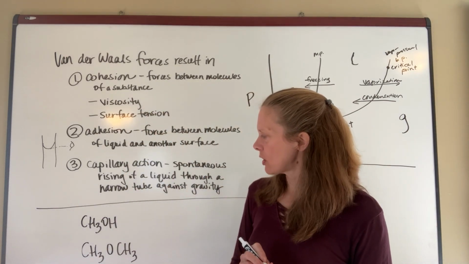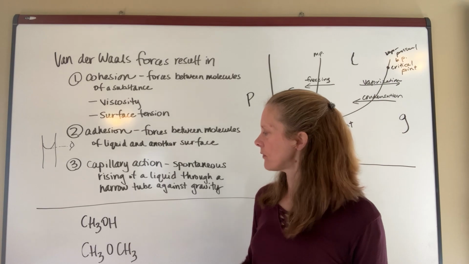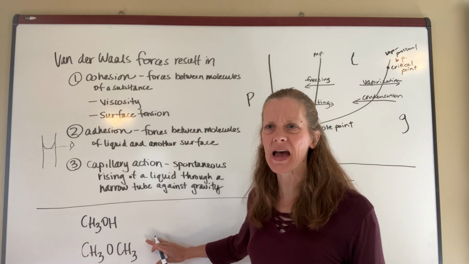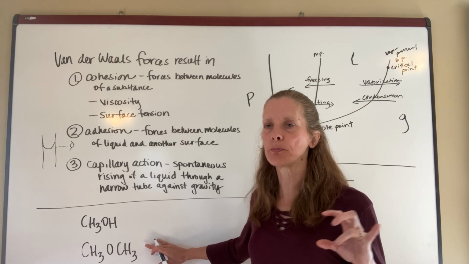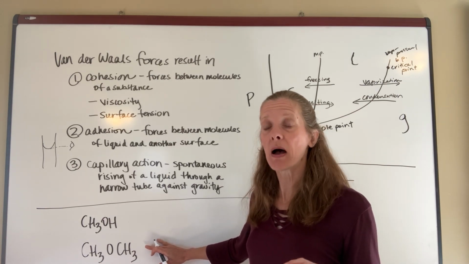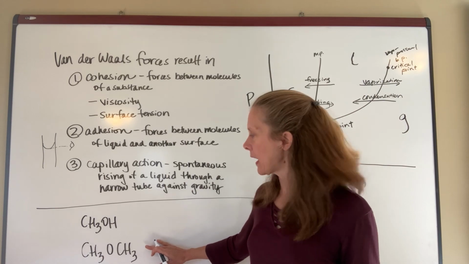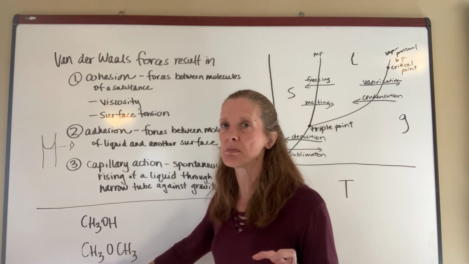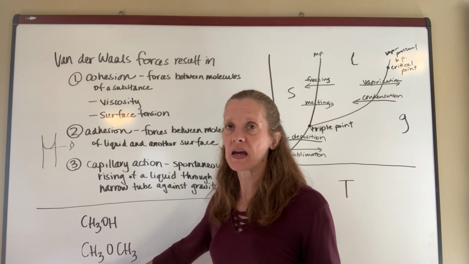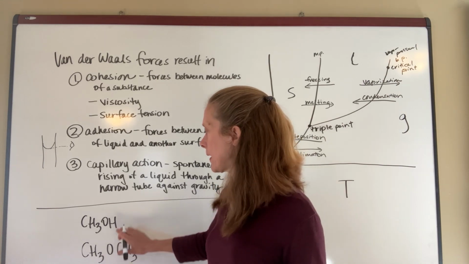If I look at those and I want to ask myself, which one of these has the higher vapor pressure and which one has the higher boiling point? We talked about hydrogen bonding before, but I wanted to show you something that looks like this because I didn't want you to mistake something that has hydrogen bonding for something that does not.